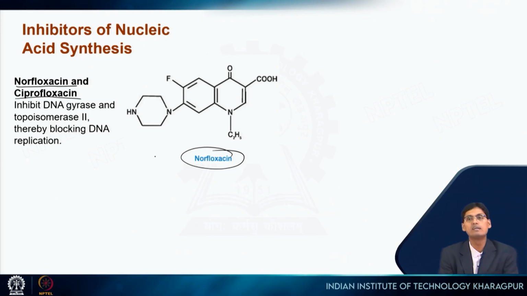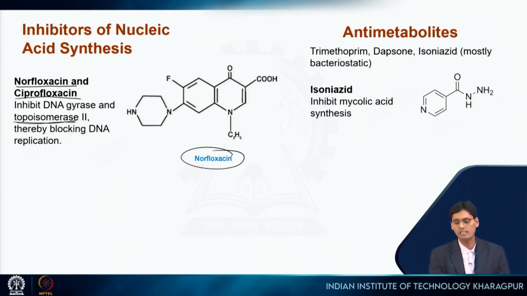They inhibit some enzymes, particularly the topoisomerase enzyme, right? And topoisomerase is important for bacterial replication. So if they inhibit topoisomerase, then again bacteria cannot replicate themselves. So this is one way this antibiotic works.